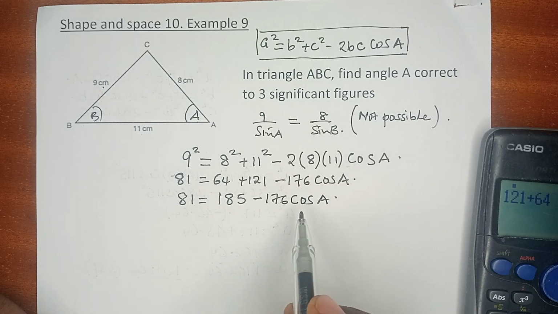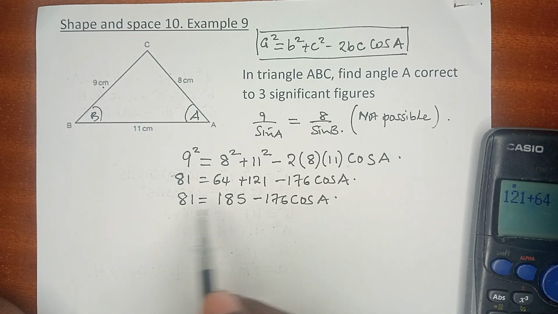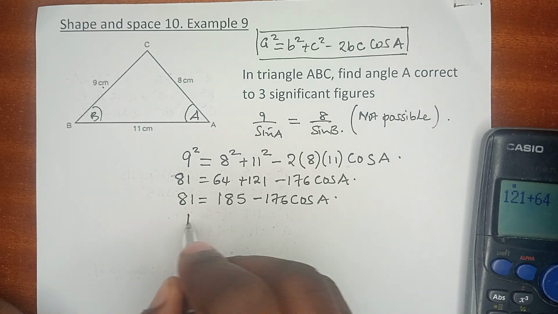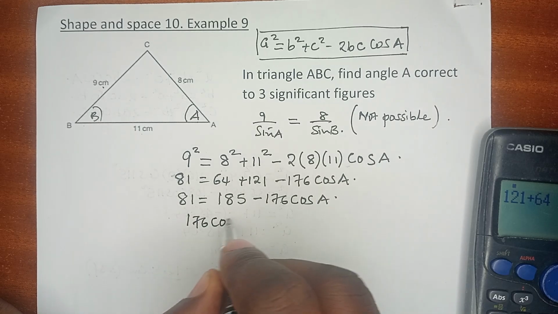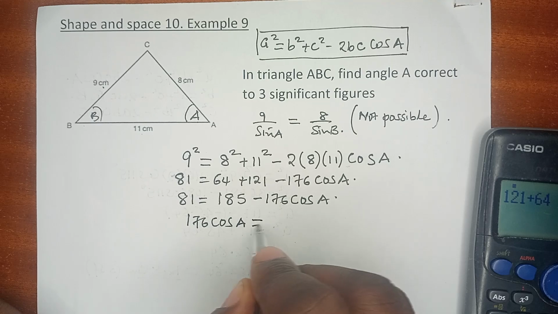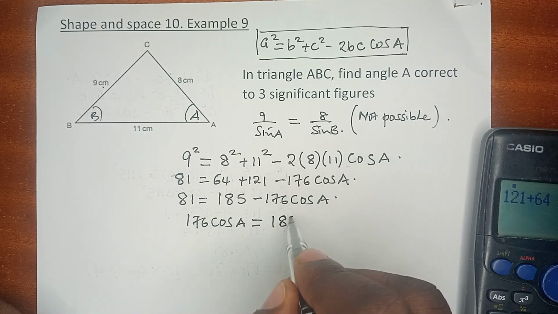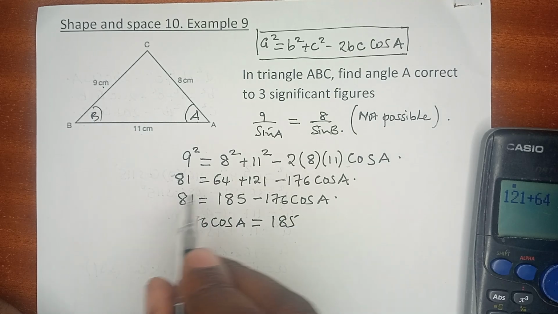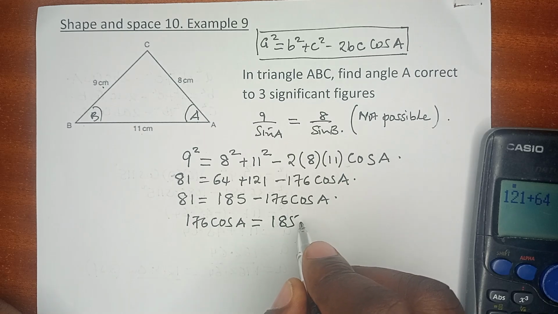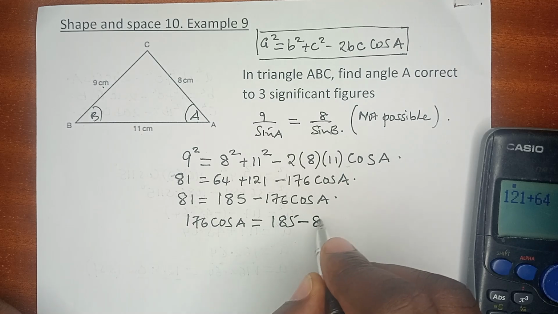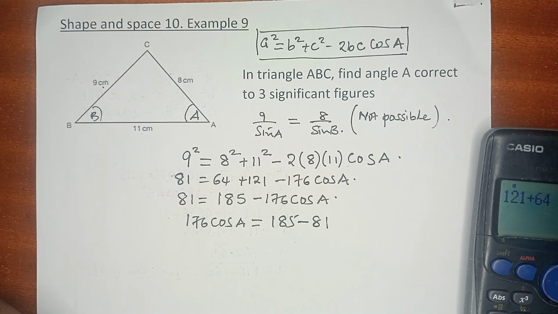Because we are interested in angle A, and the whole term is negative, we would rather have it cross over to this side, and we have 176 multiplied by the cosine of A equals 185. Now 81 crosses over to be subtracted from that.